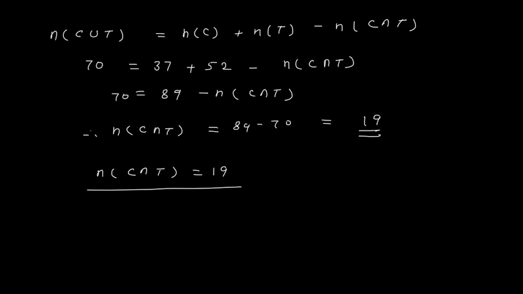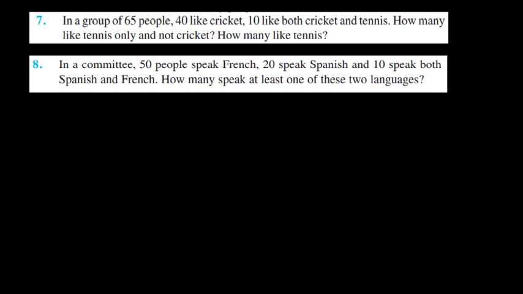Right, 6. Now the seventh problem. In a group of 65 people, 40 like cricket, 10 like both cricket and tennis. How many like tennis only and not cricket? Okay, a different problem. So in a group of 65 people, 40 like cricket.